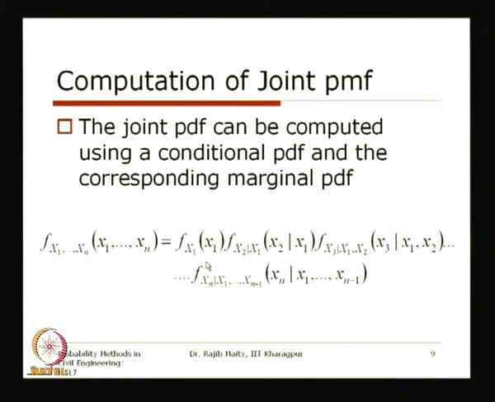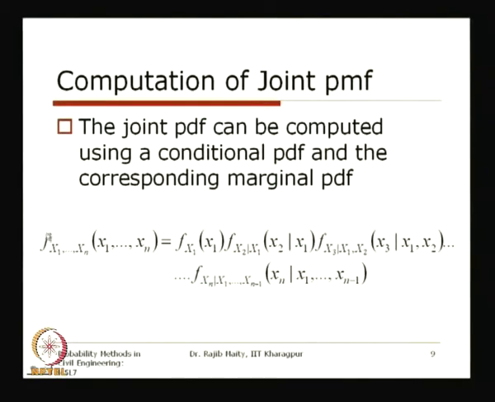With this, one more thing that we also discussed in the bivariate case is that if we know the conditional distribution and the marginal distribution, then we can get the joint distribution. Here that is shown.